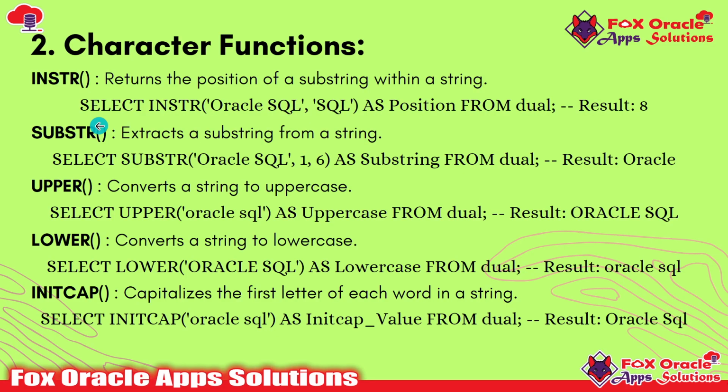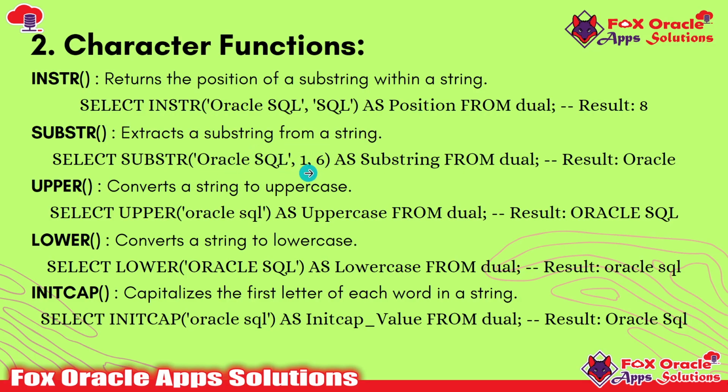Another one we have is SUBSTR. SUBSTR is known as substring, and it is going to return you the substring from your main string. How it works, you can see we use select SUBSTR and we gave the value as Oracle SQL, and here we have two more parameters. It means that this SUBSTR function has three parameters as of now.